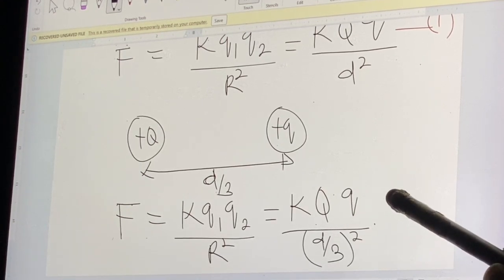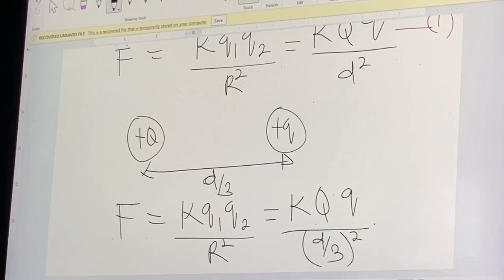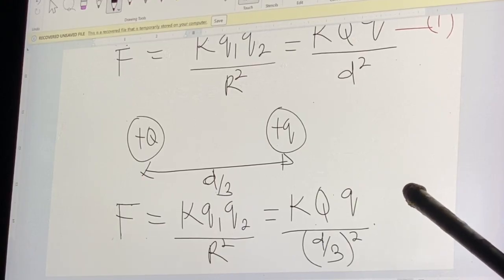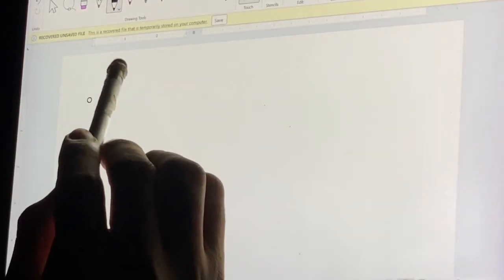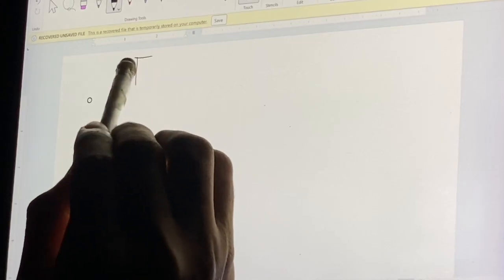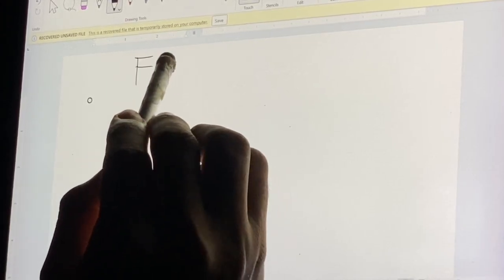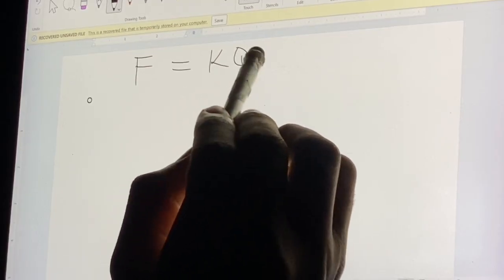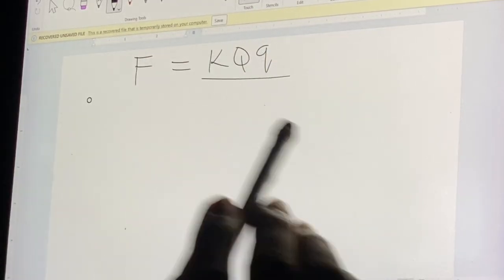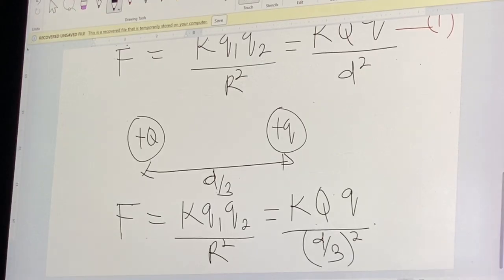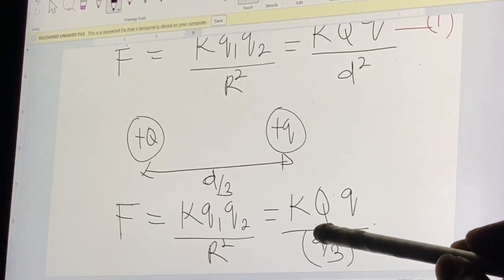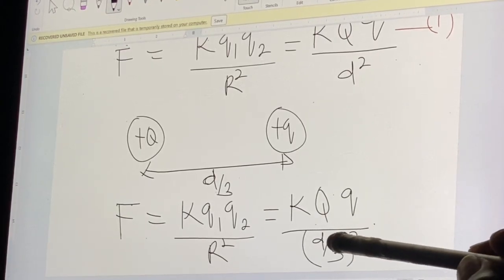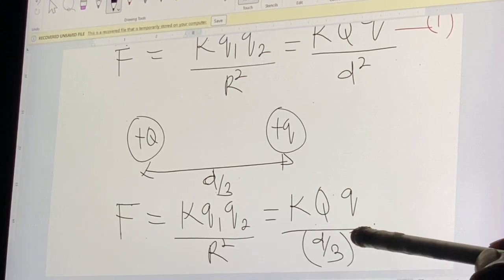Now we have to evaluate the second force to get a clear expression. The second force F is equal to K Q q over d over 3 all square, meaning that the d is being affected by this square, and 3 is being affected by this square also.